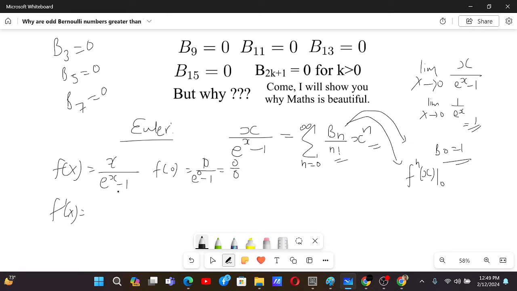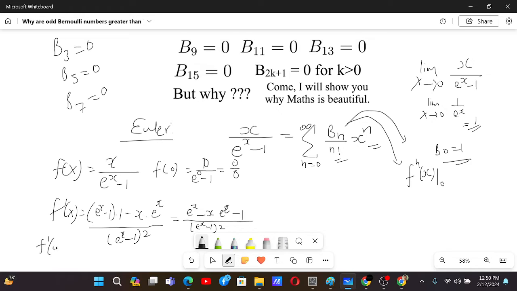Now let's try to find f dash x. Our f dash x is (v u dash minus u v dash) by v square. So we have basically this expression: (e to the power x minus x e to the power x) by (e to the power x minus 1) whole square.